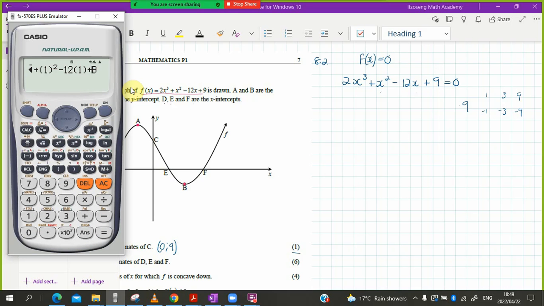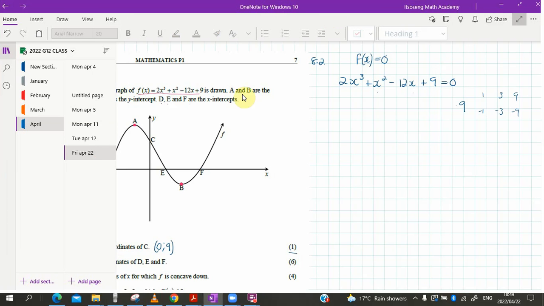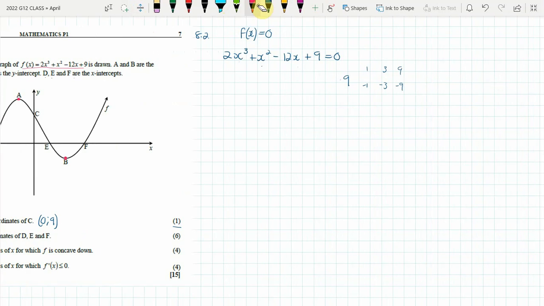So that means what is a factor? x minus 1. So we're just showing that f at 1 equals 0. Therefore, x minus 1 is a factor of f.